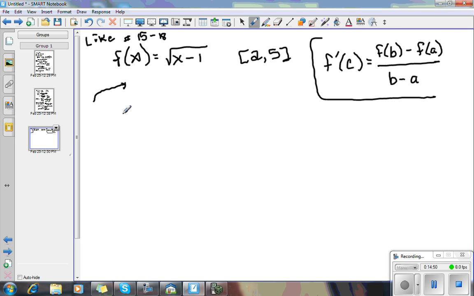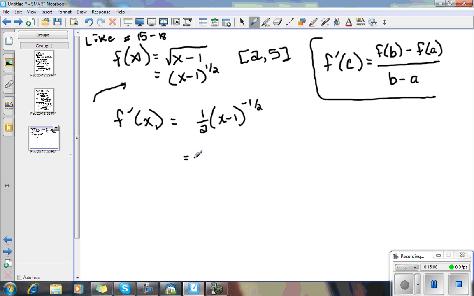So I'm going to have to start by finding f prime of x. Let me rewrite this as x minus 1 to the 1/2. So then we have f prime of x is 1/2 x minus 1 to the negative 1/2. Or we could write that as 1 over 2 times the square root of x minus 1.